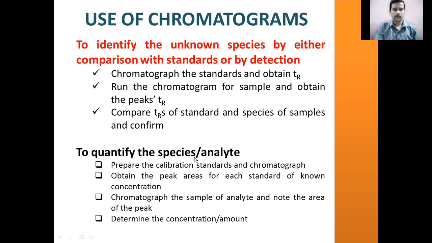So what you have to do in the quantification process, you need a calibration standard. By means of an external standard, you will prepare a series of solutions of known concentrations, and you will chromatograph them. You will run the chromatogram for all those standards. These standards contain the same analyte, same species, same chemical compound.